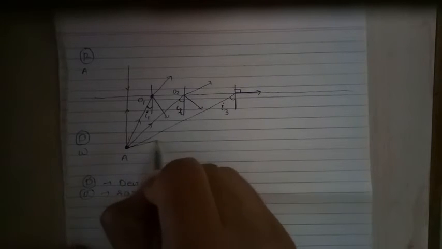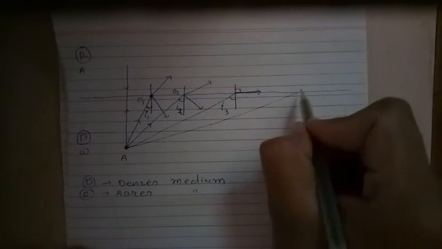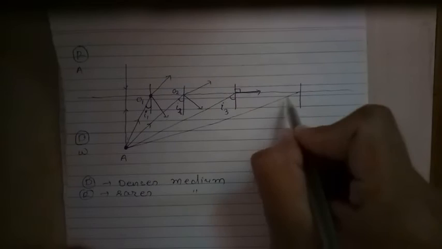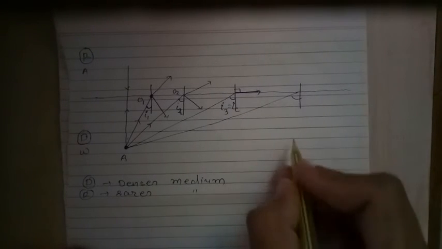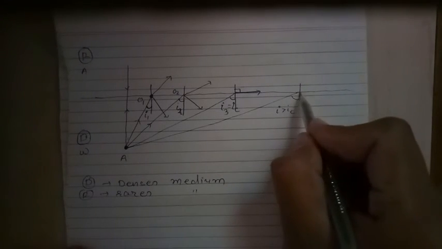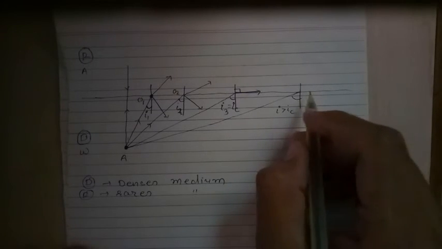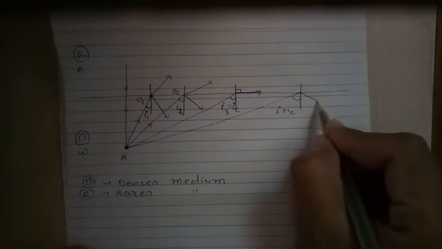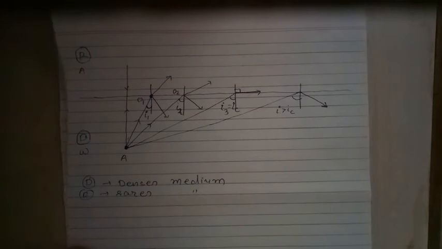As we increase the angle of incidence greater than the critical angle, you can see from the figure, I3 is equal to IC, which is the critical angle. If the angle of incidence is greater than the critical angle, refraction is not possible, so the incident ray is totally reflected like this, and this is known as total internal reflection.